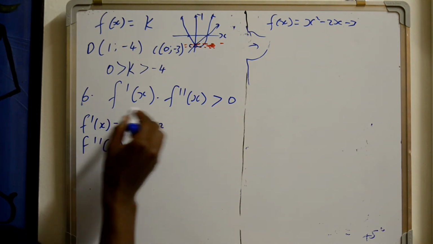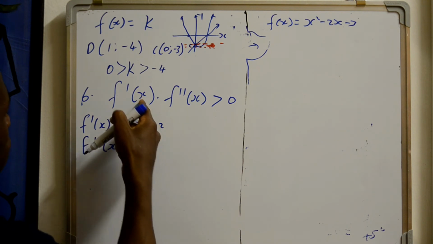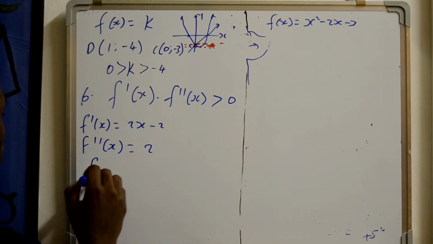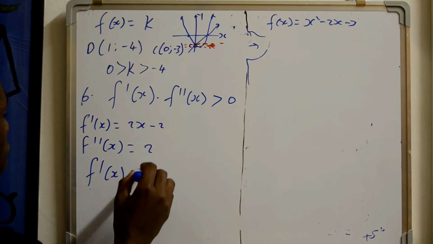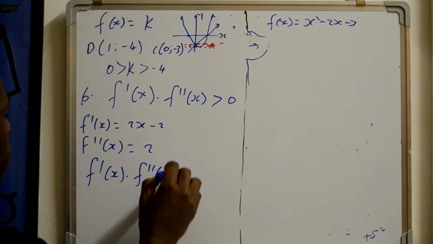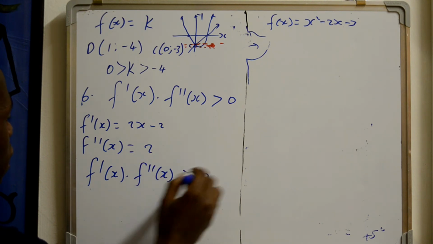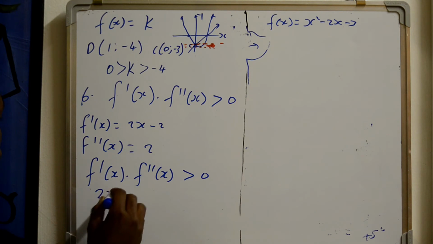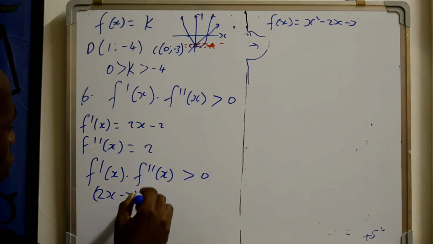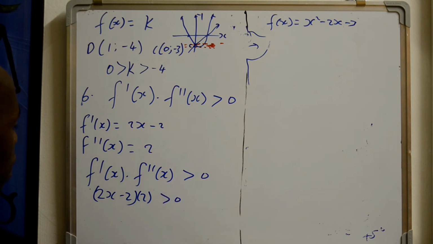So now if you multiply these two, f prime of x times f double prime greater than 0. So this is 2x minus 2 times 2 greater than 0. So this is 2x minus 2 greater than 0.